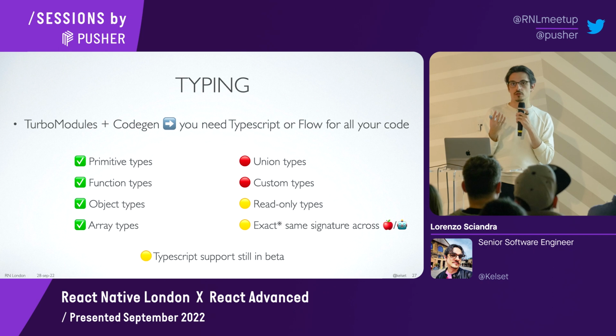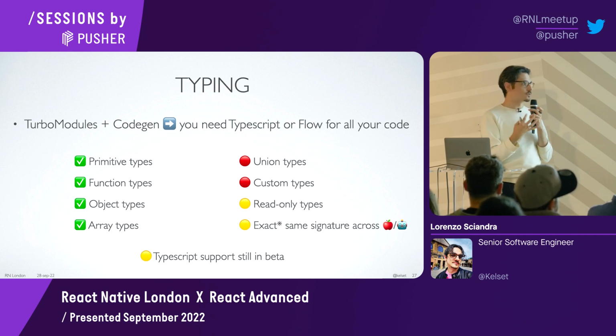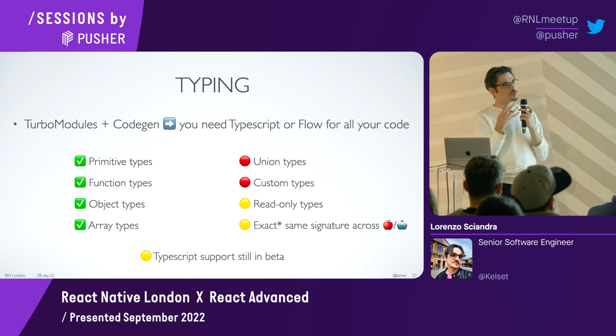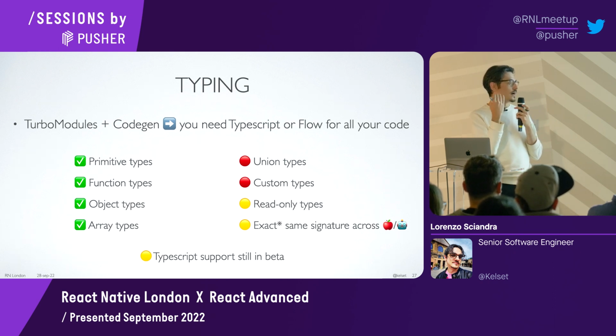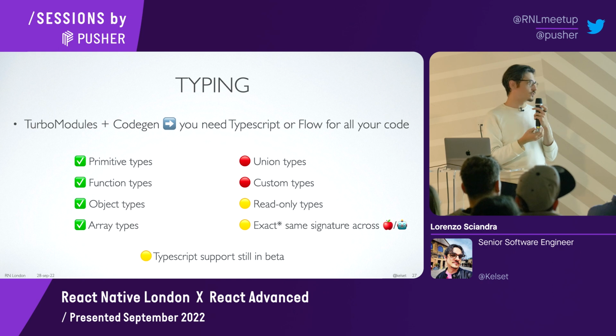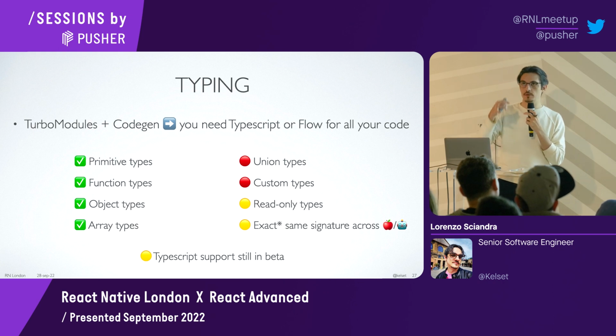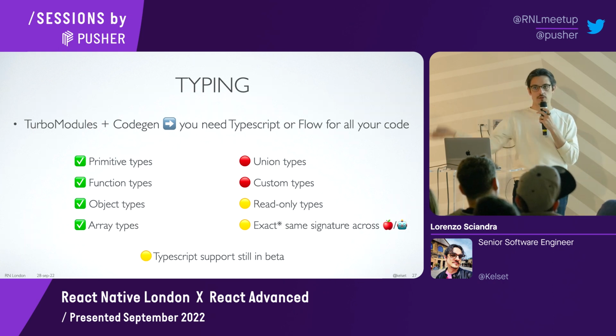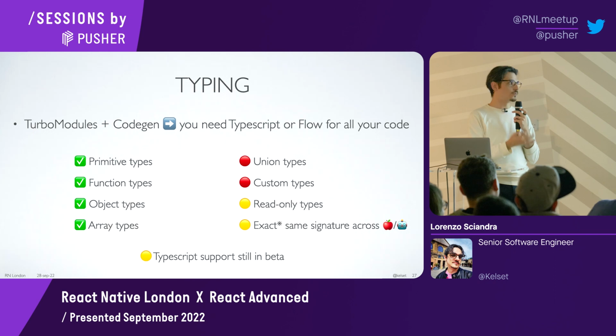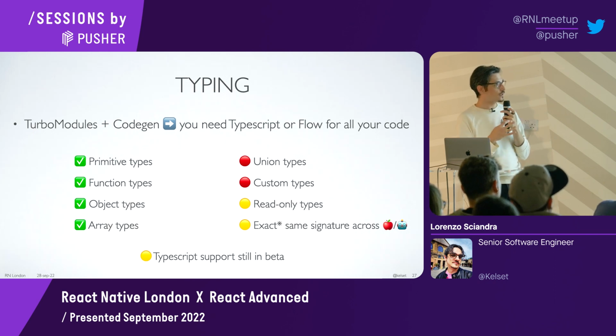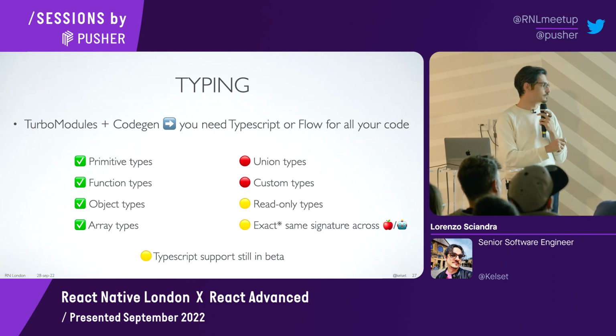We have one engineer in particular who has been working every day on making sure that TypeScript and the Codegen functionalities are very, very solid for TypeScript too, but there's still a lot of work, and the Meta team is also doing a lot of work. We're importing the TypeScript types into React Native from 71 on. So we're really trying to make sure that for everyone, typing is a good experience.